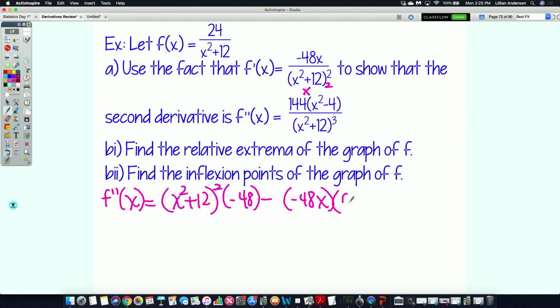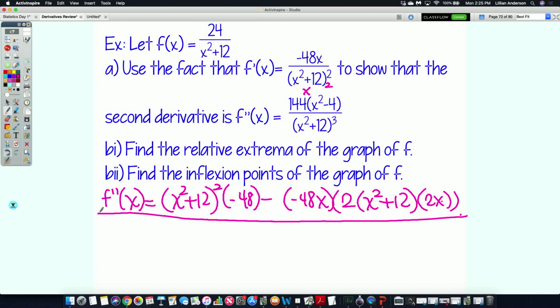So that becomes 2x, but you don't write an x, you write x squared plus 12, then you multiply by the derivative of the inside, which is a 2x. That's your numerator, all over your denominator squared. So that's x squared plus 12 squared. Then this becomes negative 48 times x squared plus 12 squared.